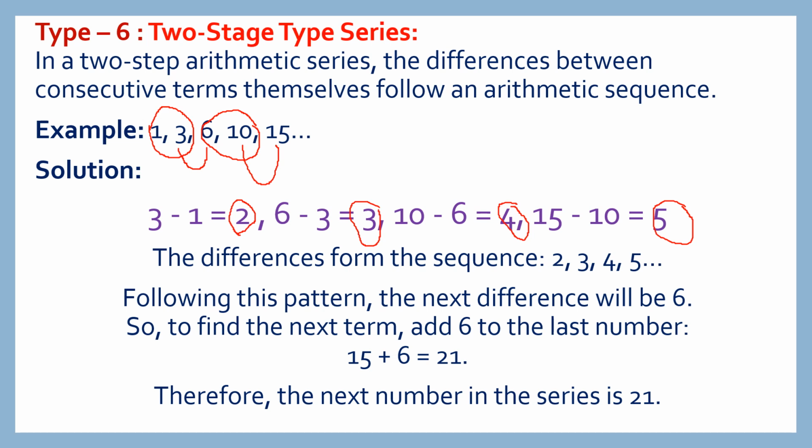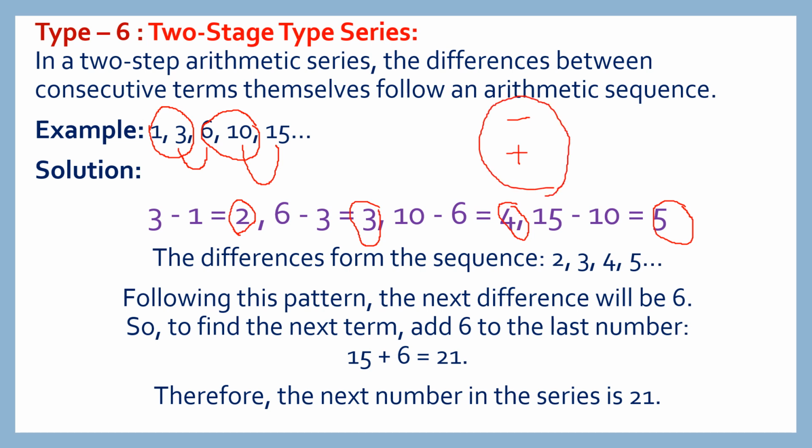But is that the same number? No. So you have to think what is the next. It's a second step. That is, each difference number is increasing. So first is subtracting, again is adding. It means it is a two-step arithmetic series.